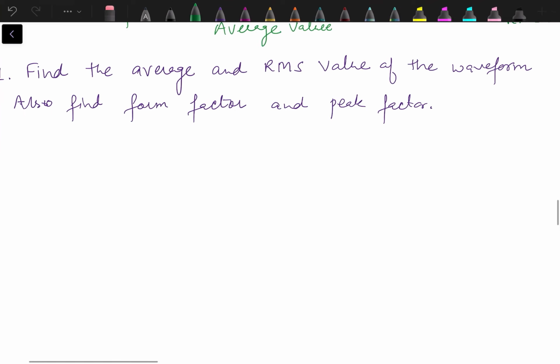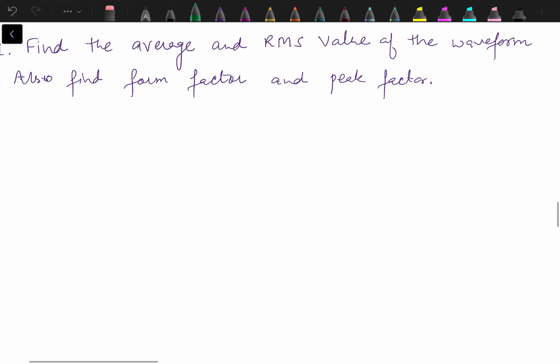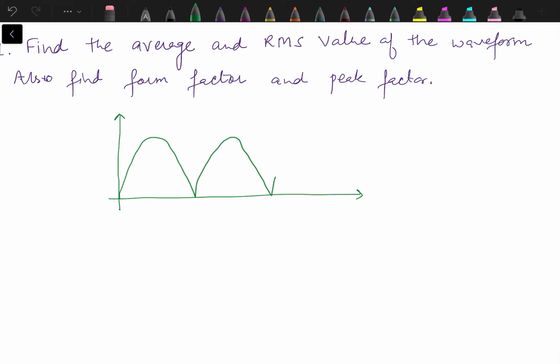Now the first waveform which I am considering is just like the output of a half wave rectifier. It's starting from 0, pi, 2 pi, 3 pi.